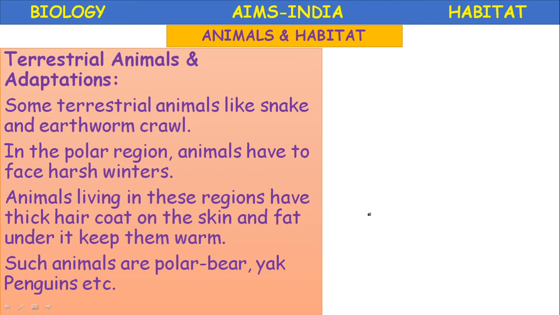The plants and animals that live on land are under the terrestrial habitats. Some terrestrial habitats are forests, grasslands, deserts, coastal and mountain regions.